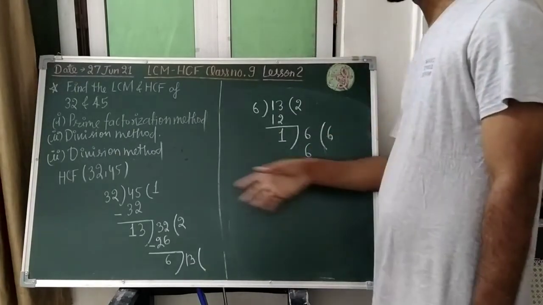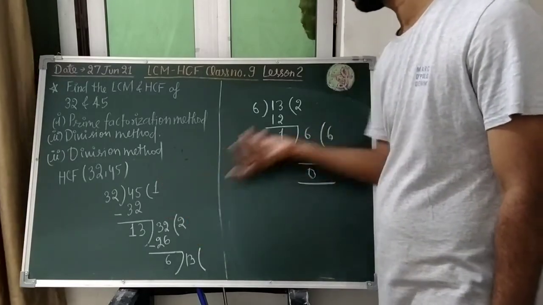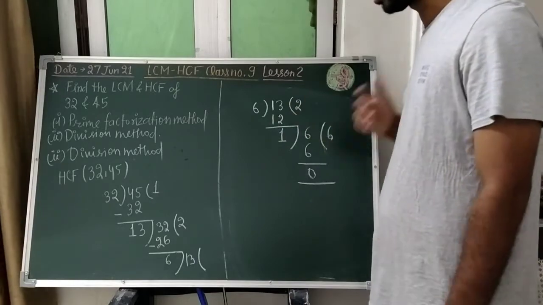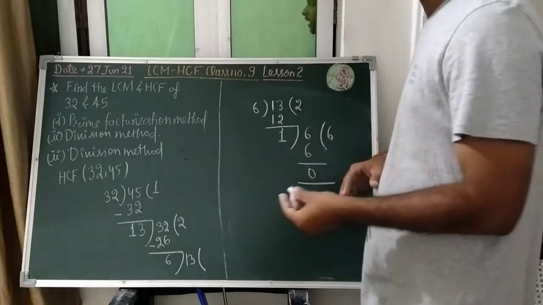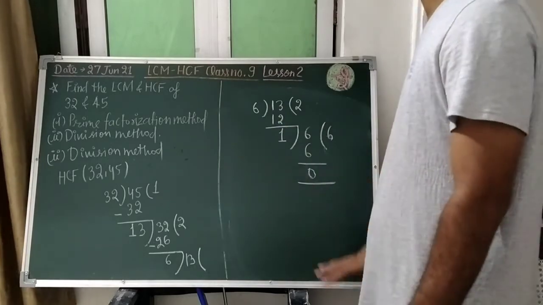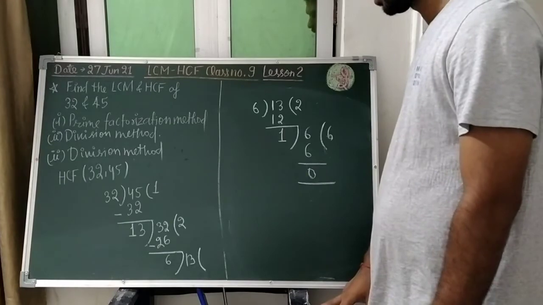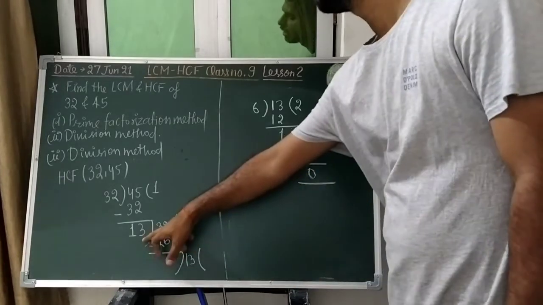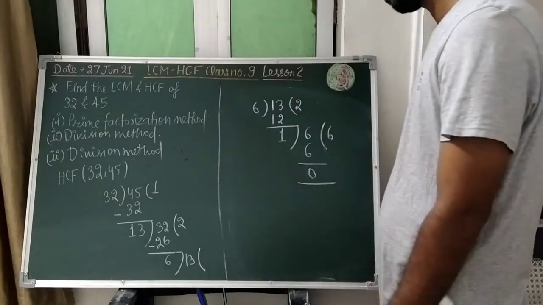This is the first step of division, this is the second step, this is the third step, this is the fourth step. So we shall move through the steps of division until we get a remainder equal to 0. Each remainder will divide the divisor of the previous step.